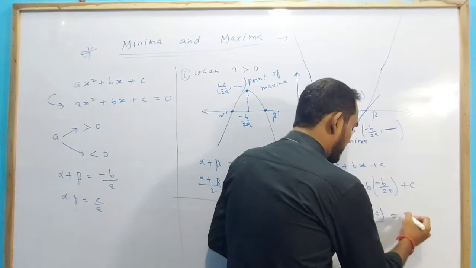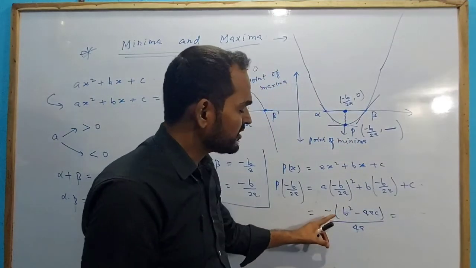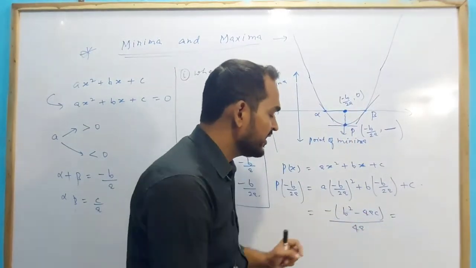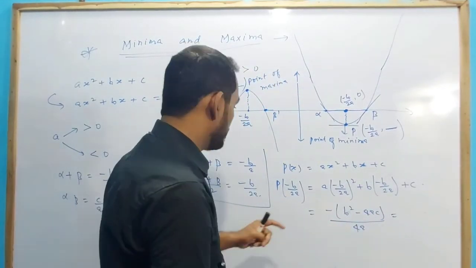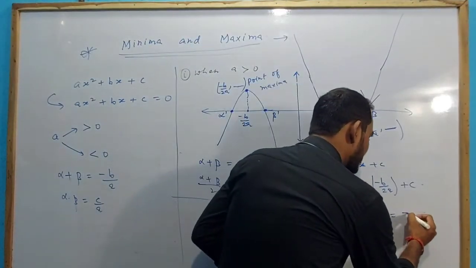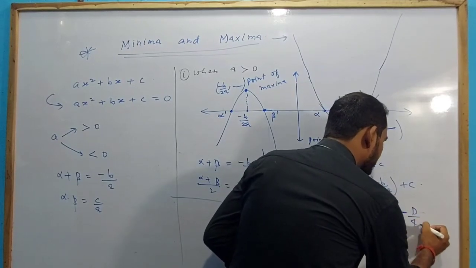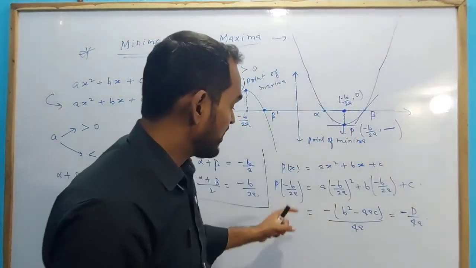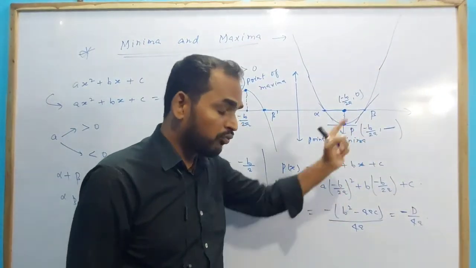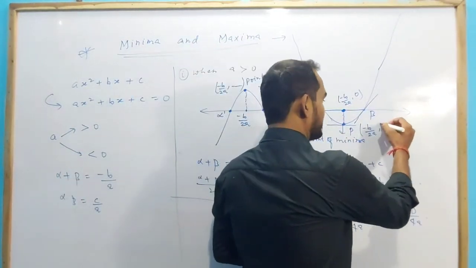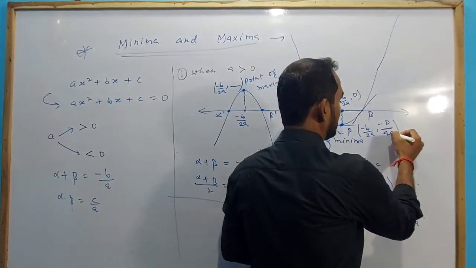When you solve it, you will find the exact value I have written. So, my dear students, minus (b square minus 4ac). You know very well that b square minus 4ac is the discriminant D, so you can write it as minus D upon 4a. So at the point where the x coordinate is minus b by 2a, the y coordinate will be minus D by 4a.